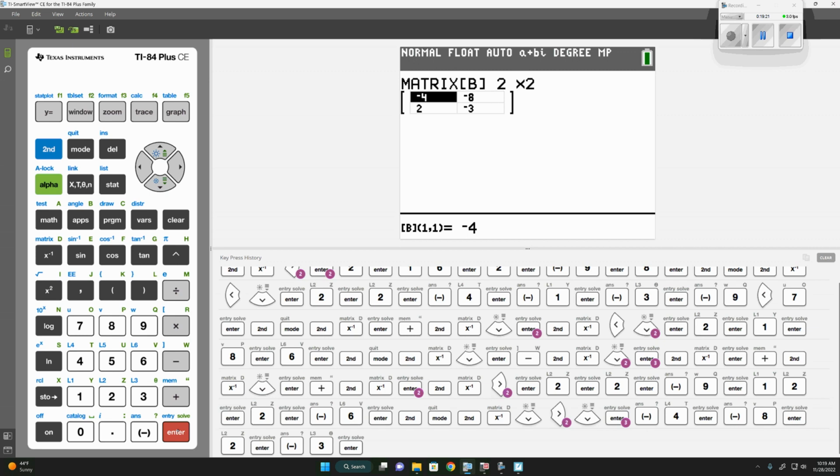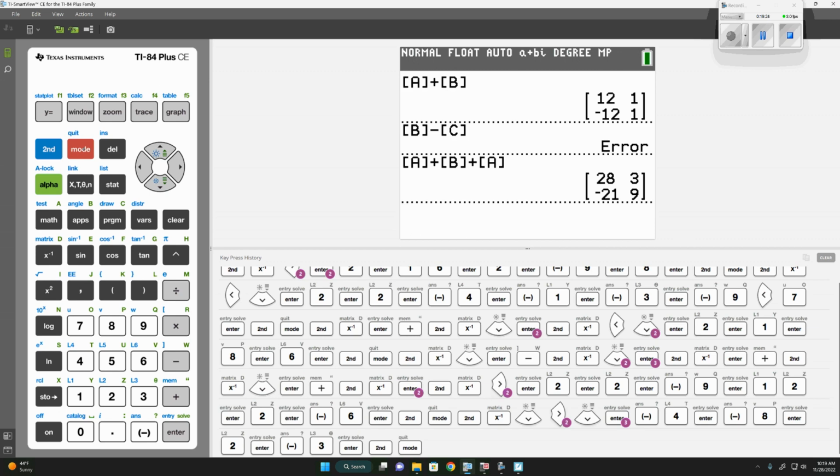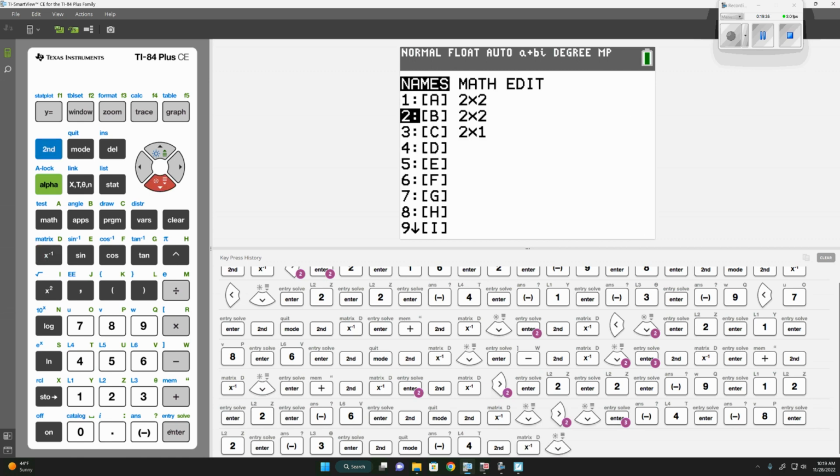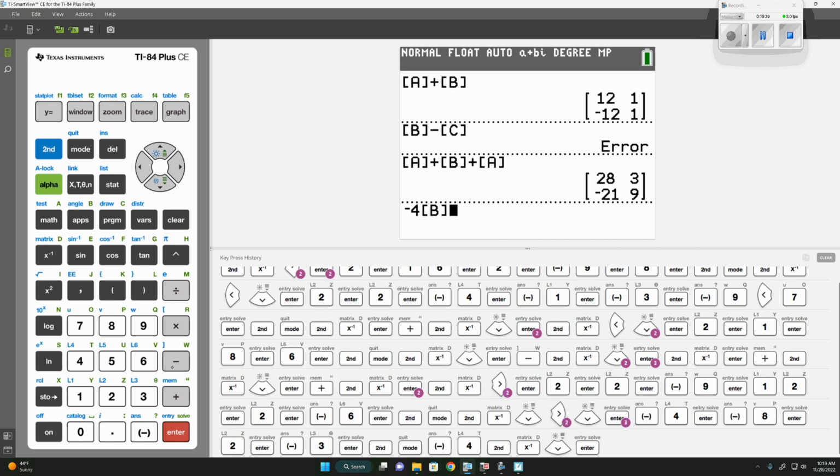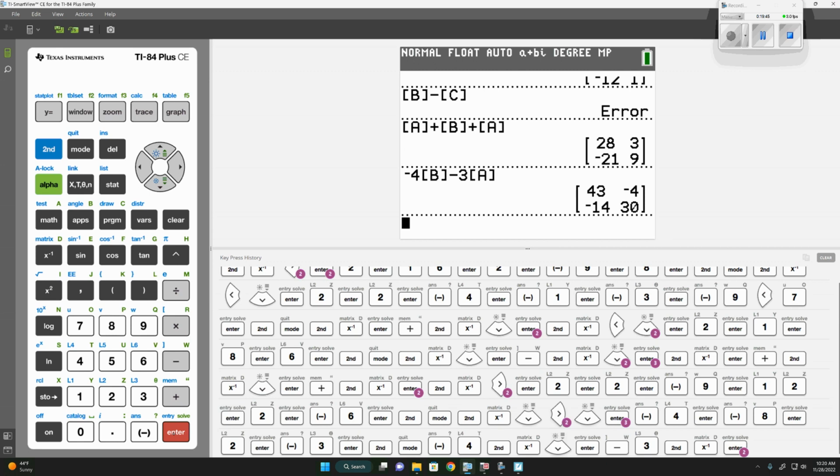Now at this point here, we can say second quit. Now the problem that we have is negative 4B minus 3A, yes? So the first thing I can type in is negative 4. And then we call it matrix B. So second matrix B minus 3 second matrix A. And there's the answer.